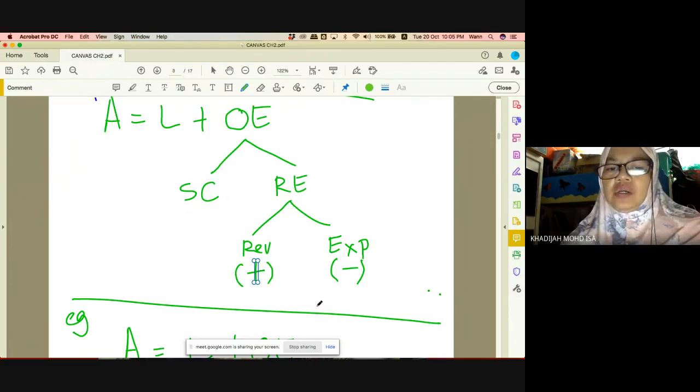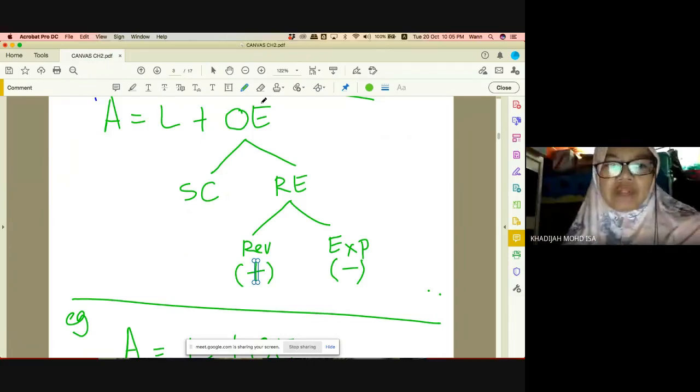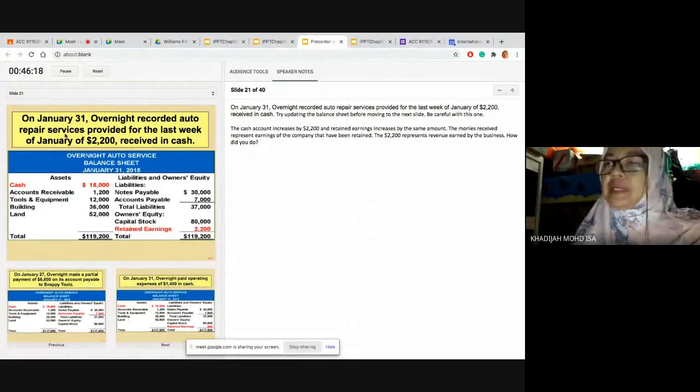Expenses reduce your profit, so whenever you have expenses, it reduces your RE, which also reduces your owner's equity. Make sense? So when you have a transaction that is a revenue: overnight recorded auto repair services. Remember? They provide services, so providing services is revenue.